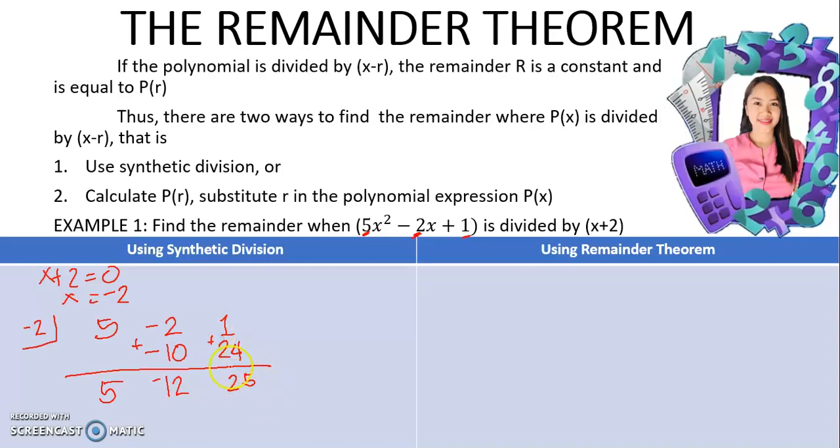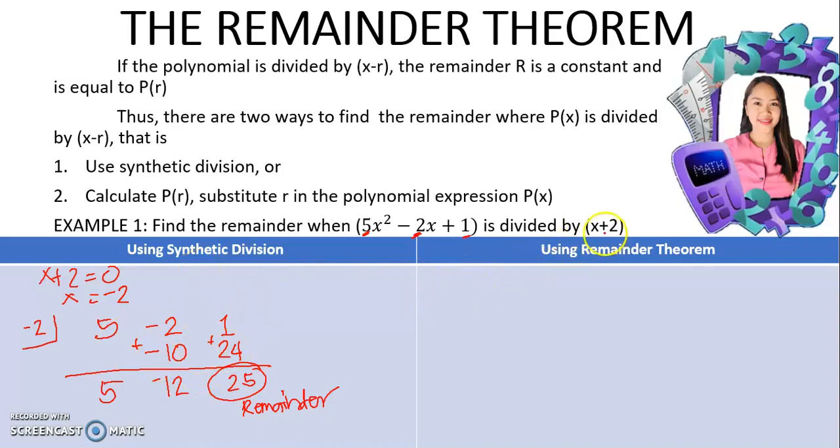So if you could recall, in synthetic division, yung nasa last part, this is the remainder. Next to it, yung nasa left is the constant, and yung nasa left naman ito is the numerical coefficient of x. So this is using the synthetic division. The remainder is 25.